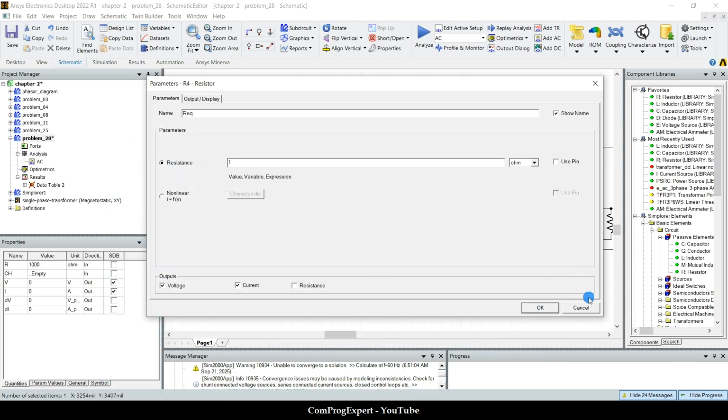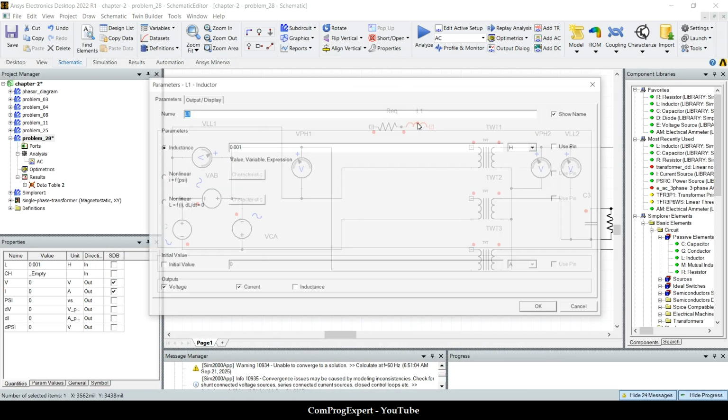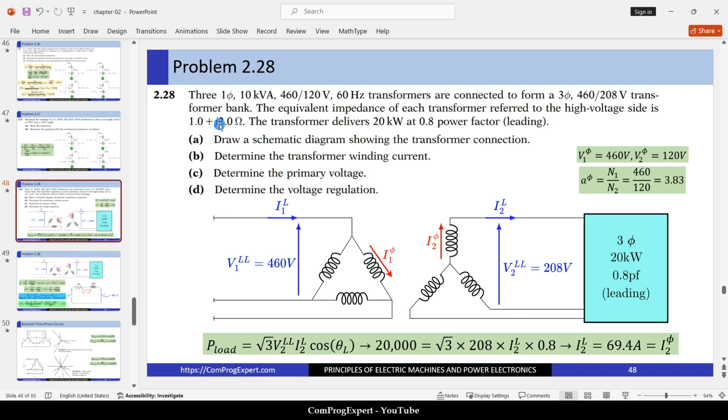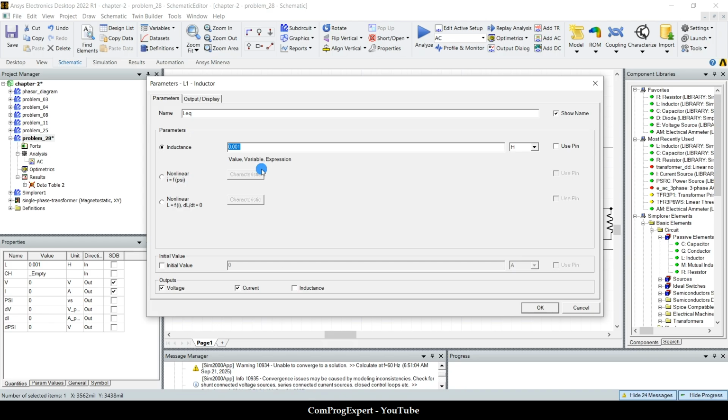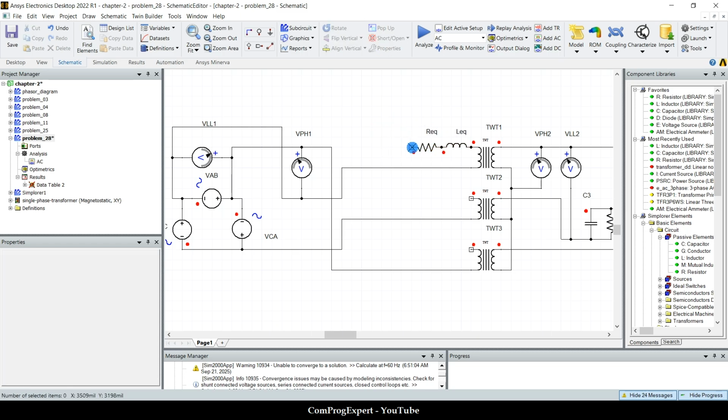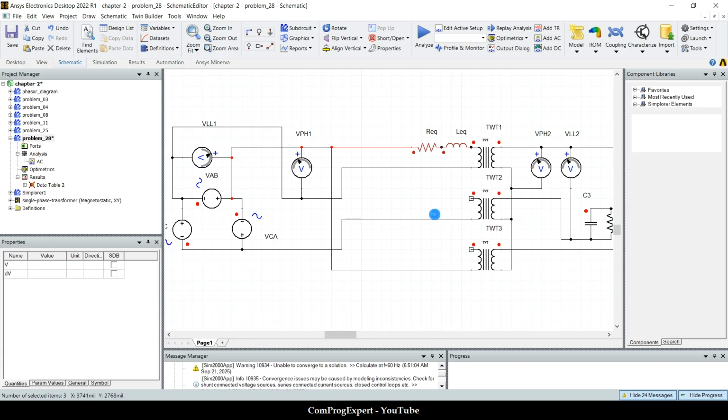The X equivalent, actually this is inductance and we need to modify it. We should divide this number 2 by omega, 2 divided by 2 times pi times 60, the frequency. So here is the internal impedance of the single phase transformer that we have.